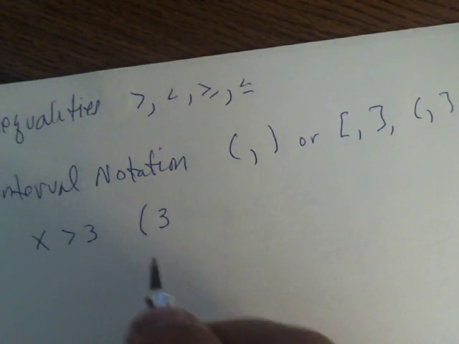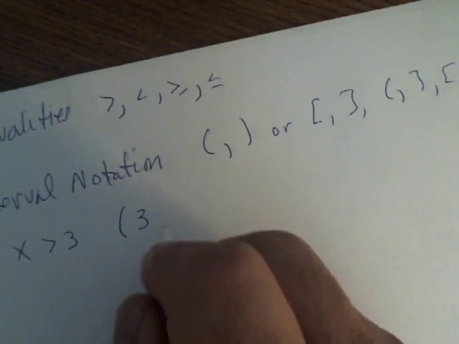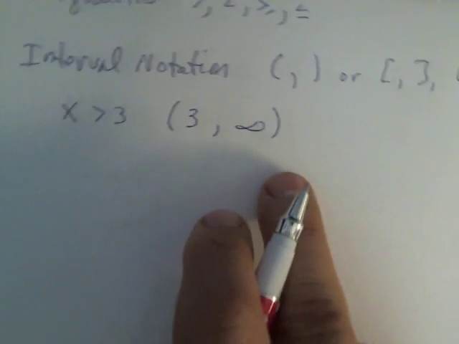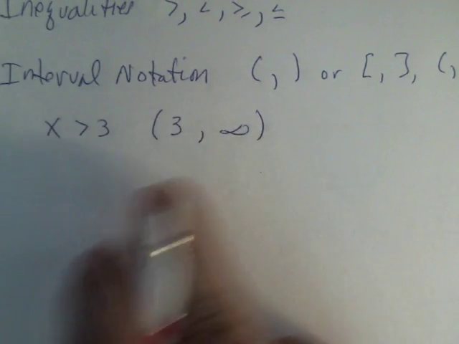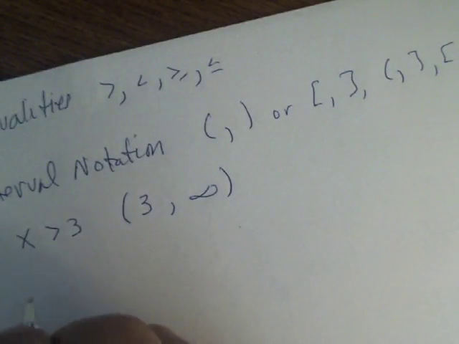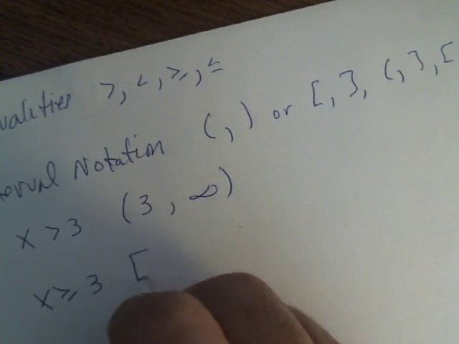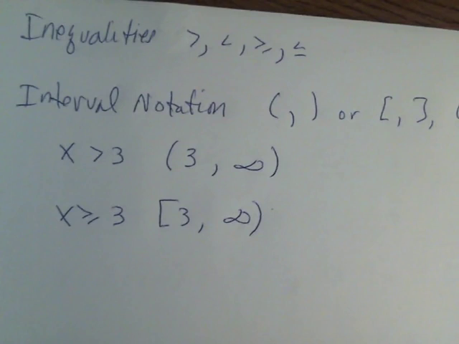But the first number bigger than 3 is not 4, so you have other numbers between 3 and 4. And that goes to infinity, and infinity always has a parenthesis because it doesn't end. If I had x greater than or equal to 3, then I would include my bracket. Same thing with the infinity.